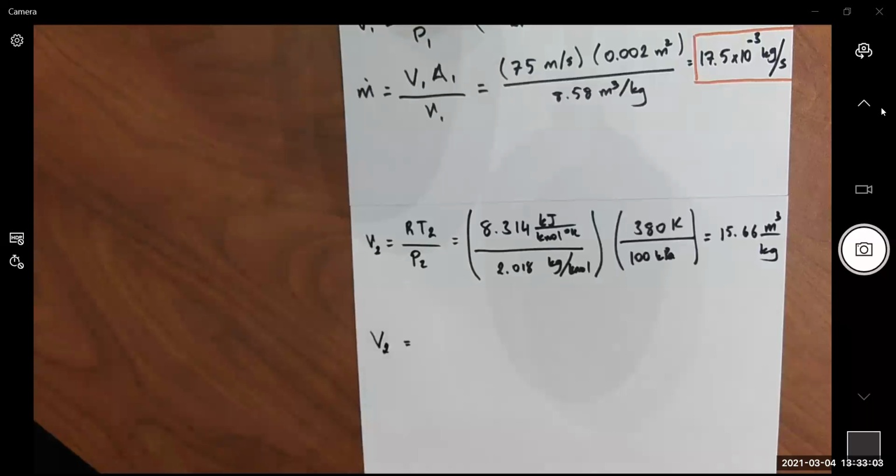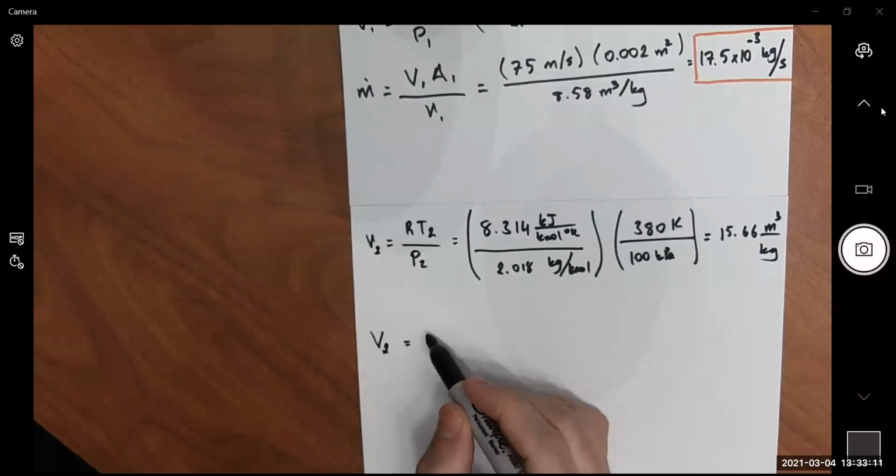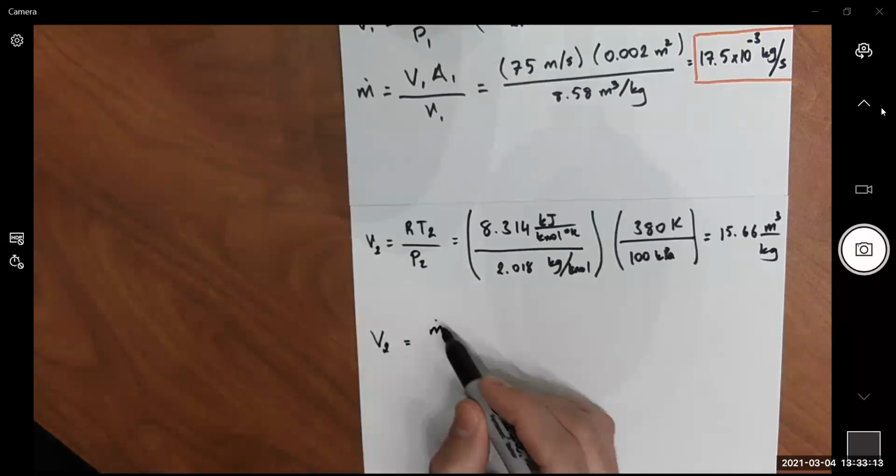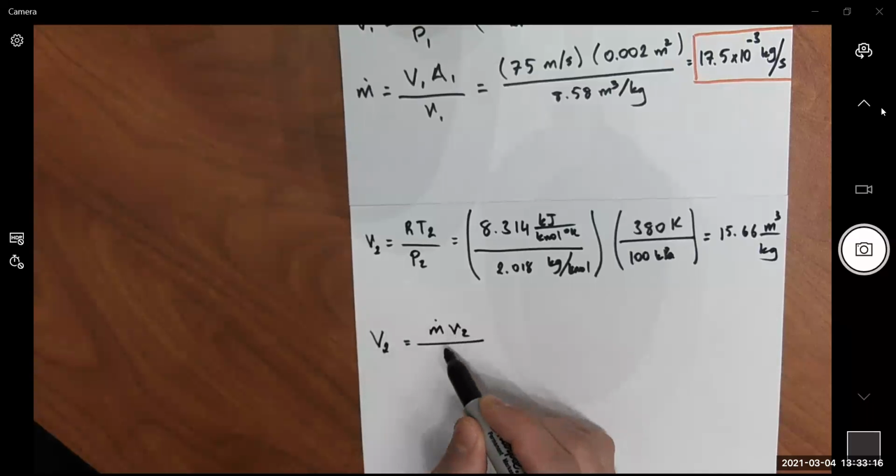Knowing my mass flow rate, area at the exit, and specific volume at the exit, I can find my velocity at the exit now. Velocity at the exit will be equal to mass flow rate times specific volume divided by the area.